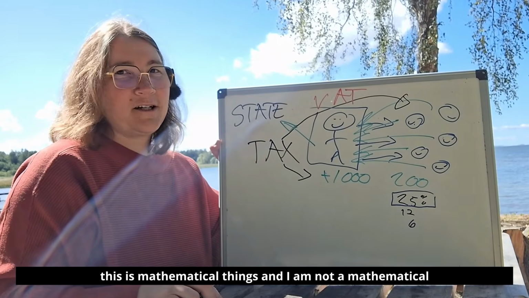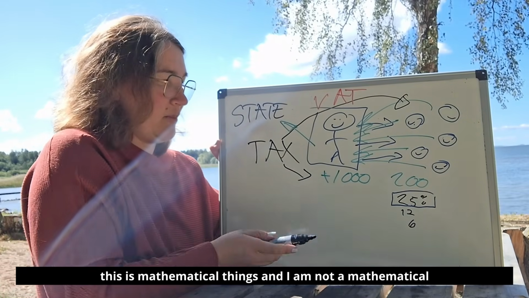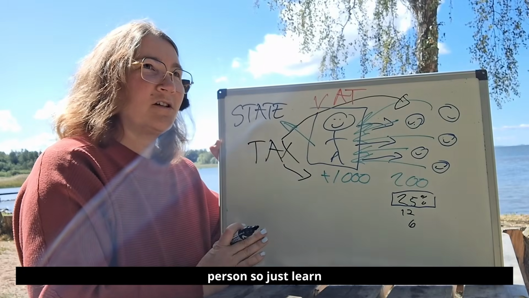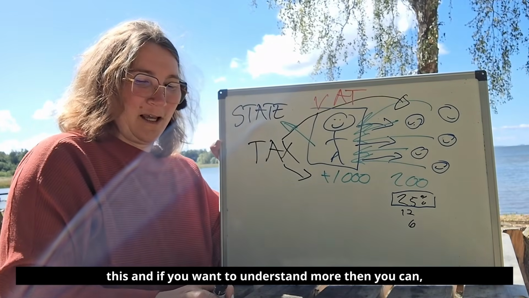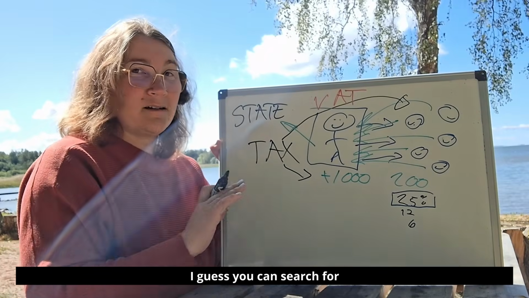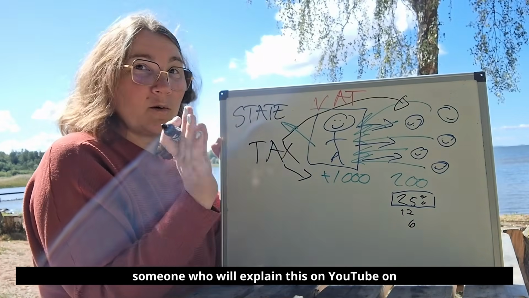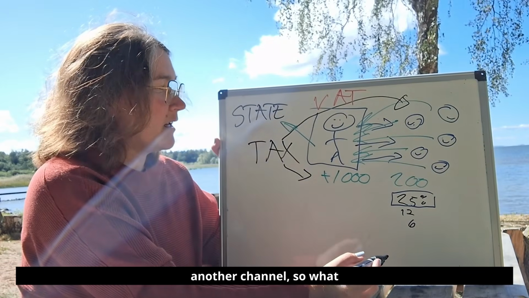And this is mathematical, and I'm not a mathematical person, so just learn this. And if you want to understand more, then I guess you can search for someone who will explain this on YouTube on another channel.